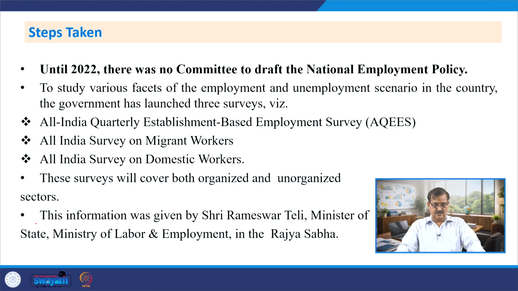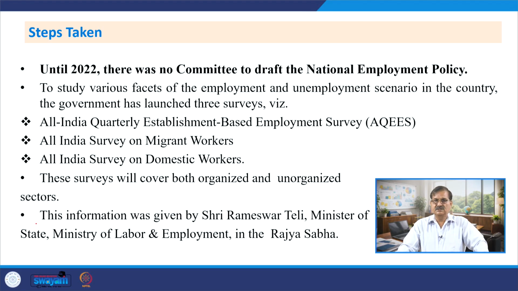The government has launched three surveys. First, the All India Quarterly Establishment Based Employment Survey to generate data, the All India Survey on Migrant Workers, and the All India Survey on Domestic Workers.